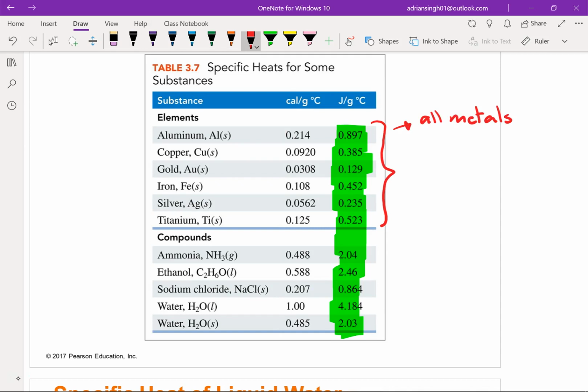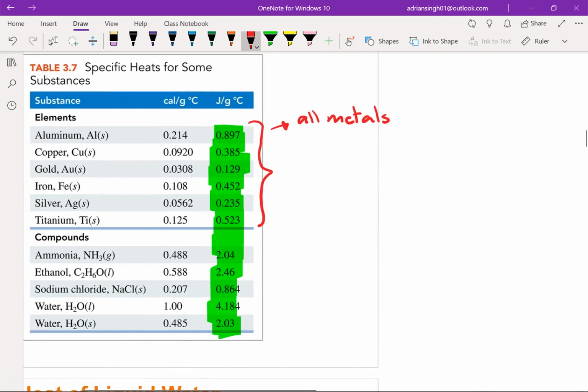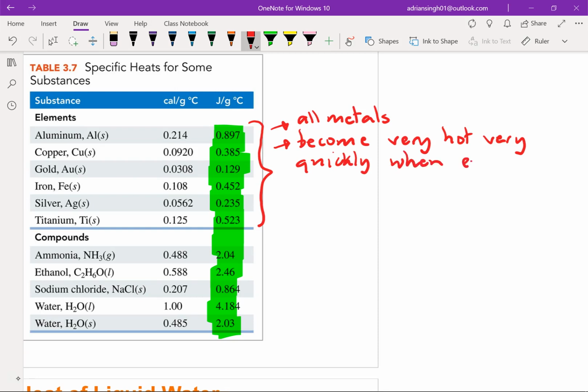And in your personal experience, what you probably have noticed is that metals, when they're exposed to heat, are able to become hot very, very quickly. So these become very hot very quickly, which is why we use metallic pots and pans for cooking, right? So when exposed to heat.